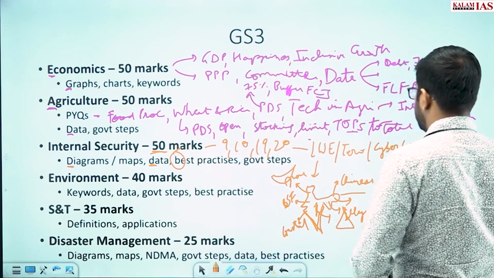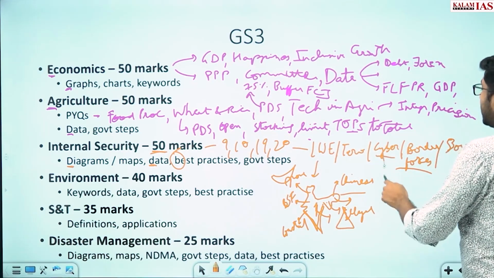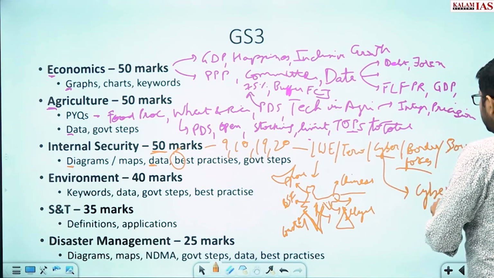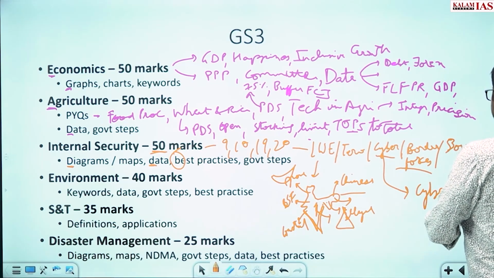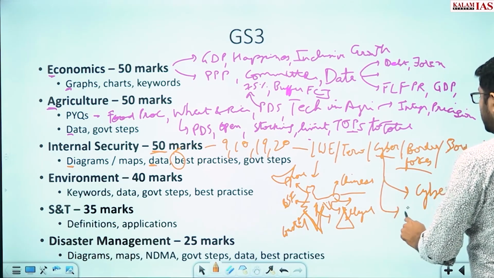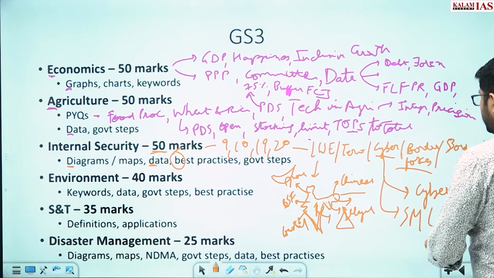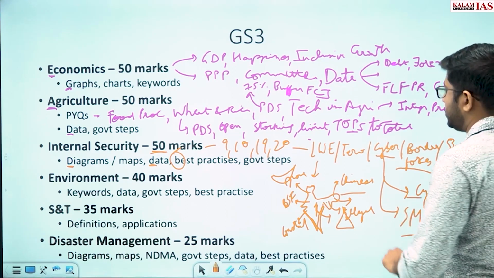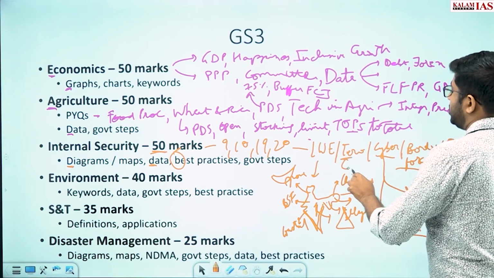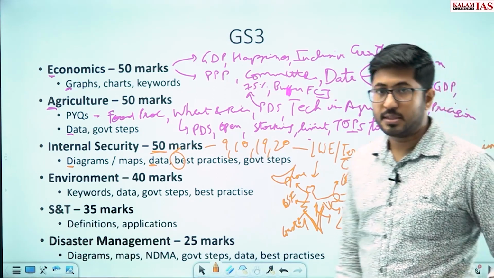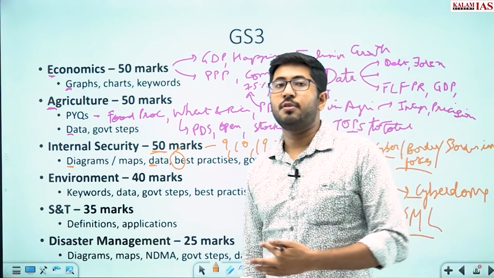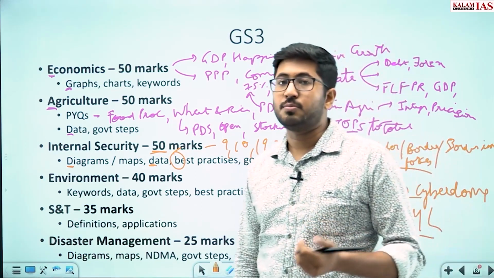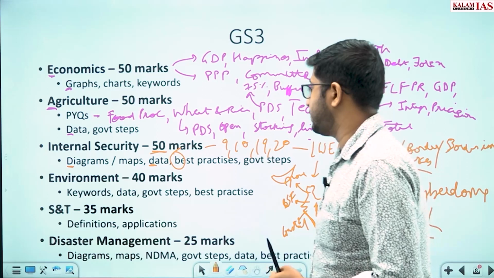Like for suppose cyber security, you have the Cyber Dome of Kerala, you can mention that, or the social media labs of Mumbai Police. So that is the way they tackle cyber issues. Suppose the question is on terrorism, you can mention the Operation Sadbhavna of the Indian Army, how they tackle the issue of brainwashing in parts of Jammu Kashmir and other parts of India.